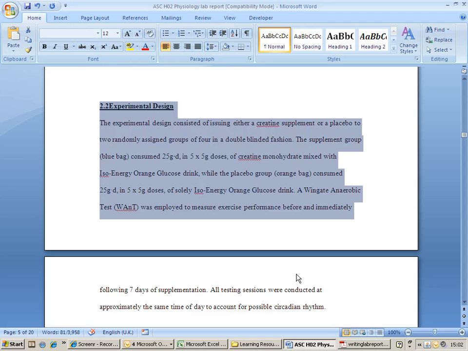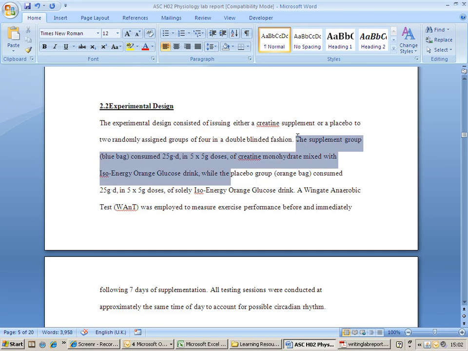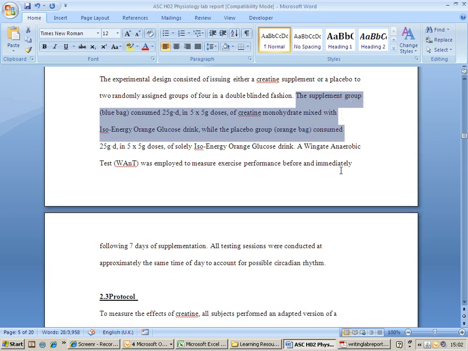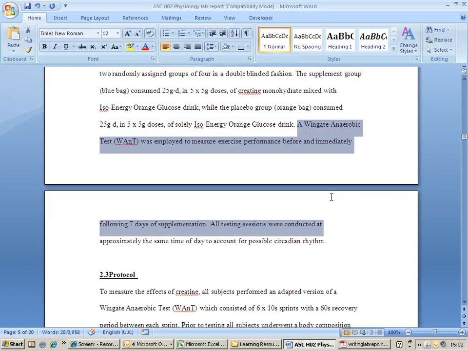This tells the reader about what form the experiment took. So, for example, how many people took part in each condition and what did you ask them to do. In this particular case, the supplement group were asked to consume a creatine monohydrate supplementation for a prolonged period, and then a little bit more information as to what type of test was instigated was provided as well.